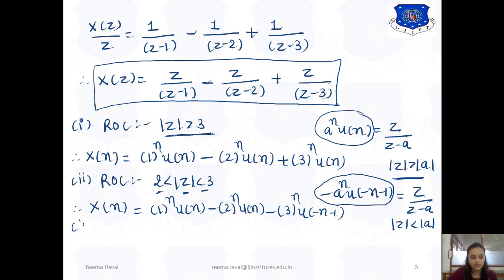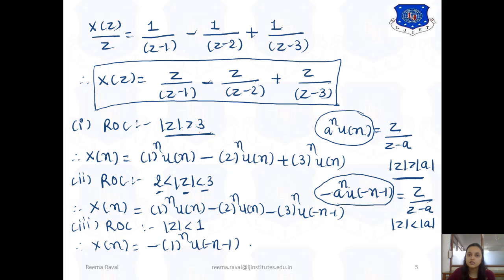Now the third case of ROC is mod Z less than 1, that means it is less than the lowest value, that is 1. So for that all of these values will be negative. That means x of n, for the first it is minus a raised to n u of minus n minus 1.